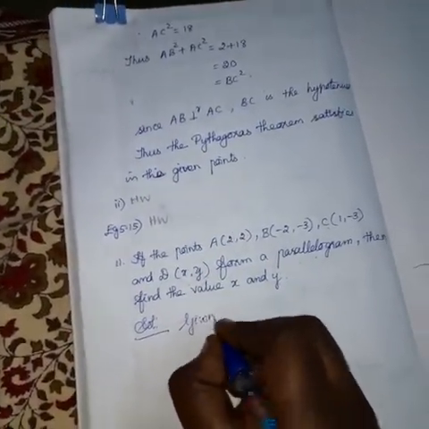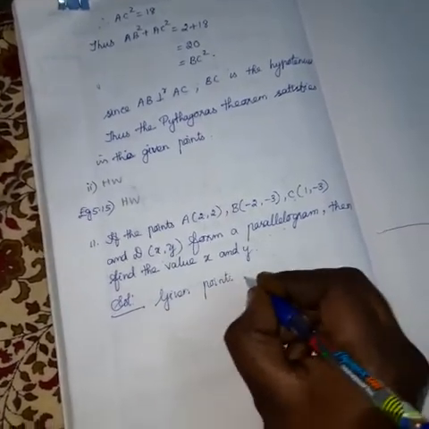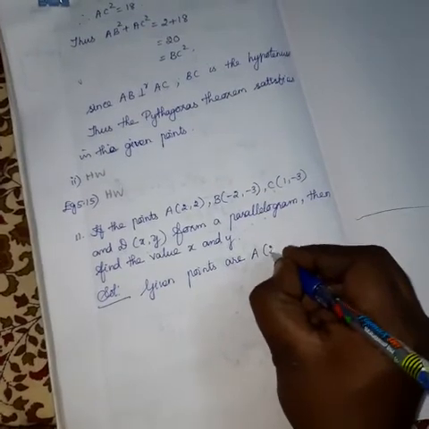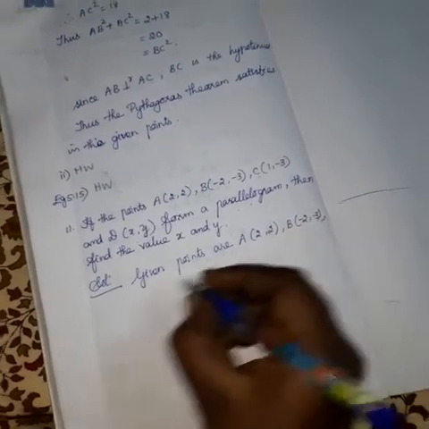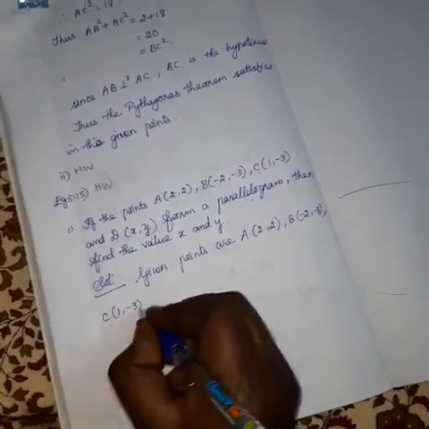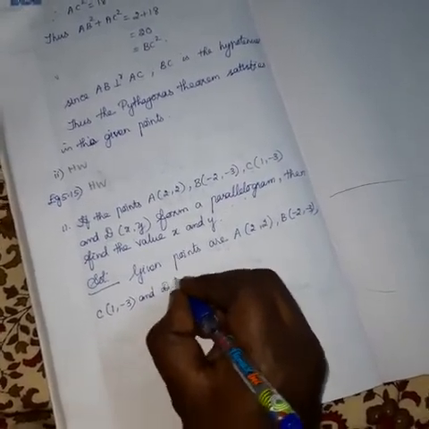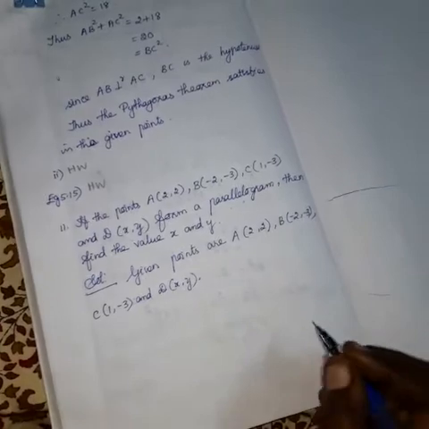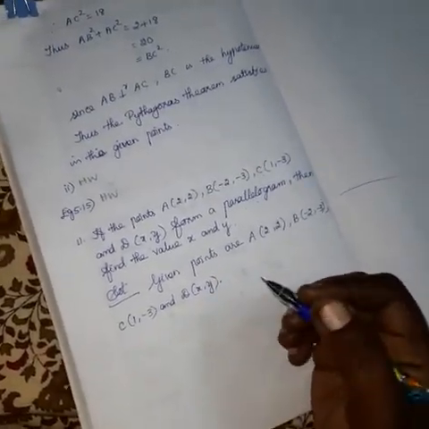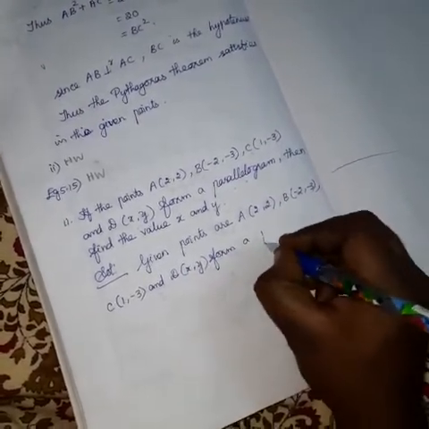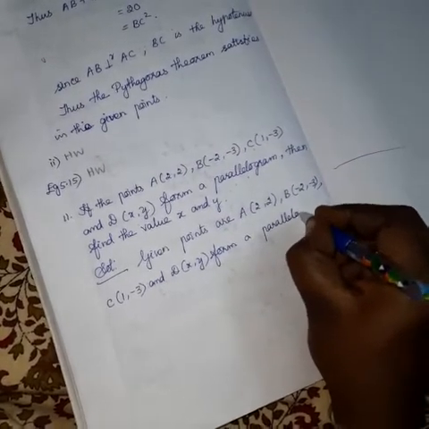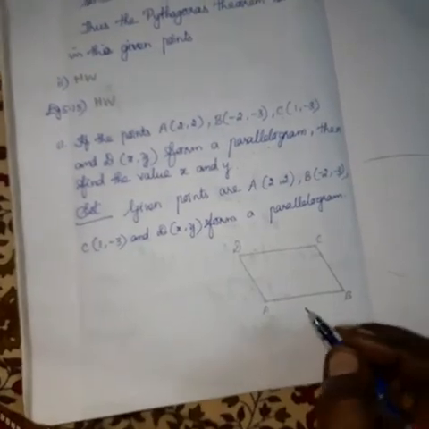Given points are A, B, C, D. Here we draw the diagram to find the opposite sides correctly.